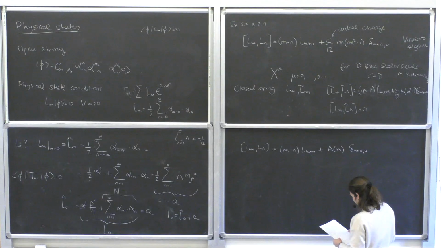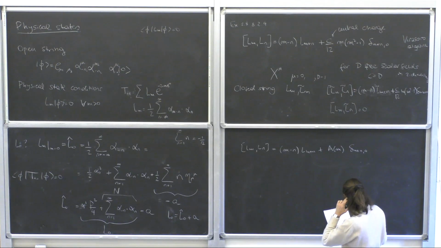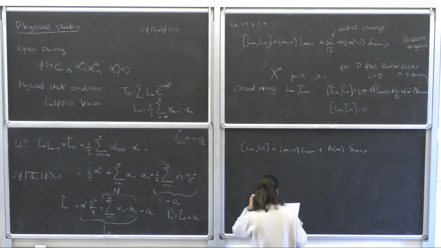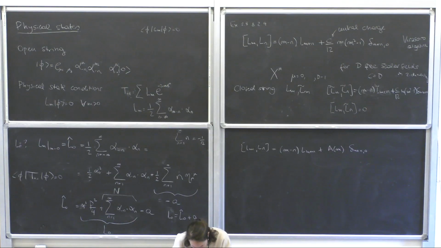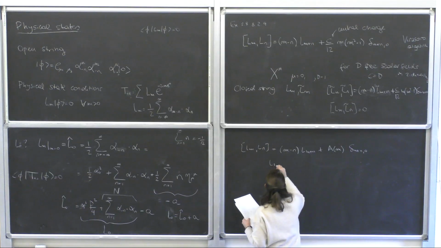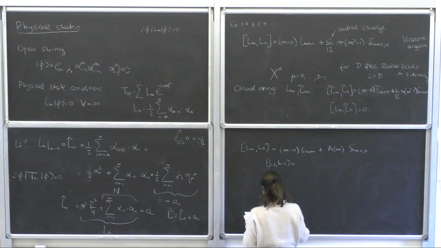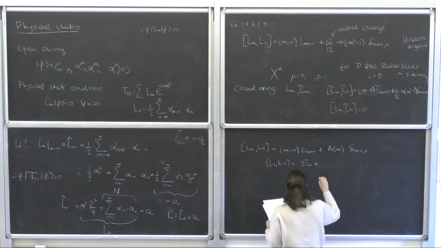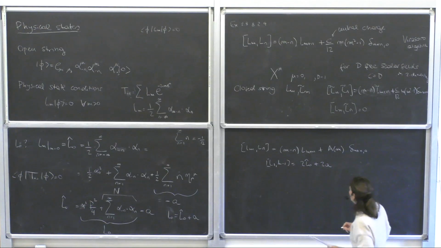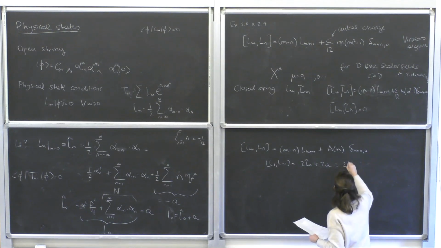And then the other exercise: if you do L1 and L minus 1, for example, what you get is 2L0 hat plus 2A. So from here comes a definition. This by definition is 2L0.